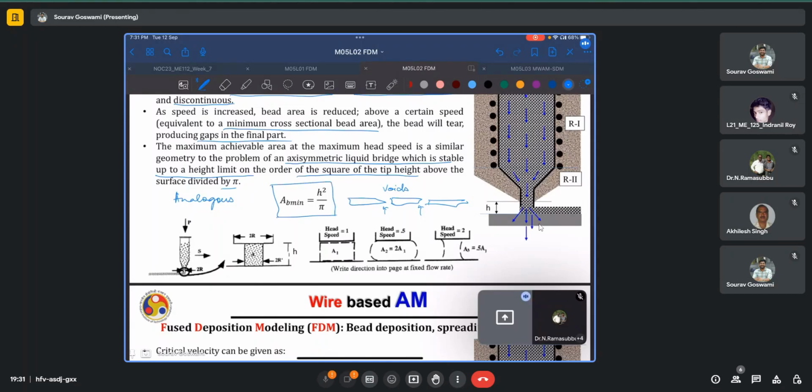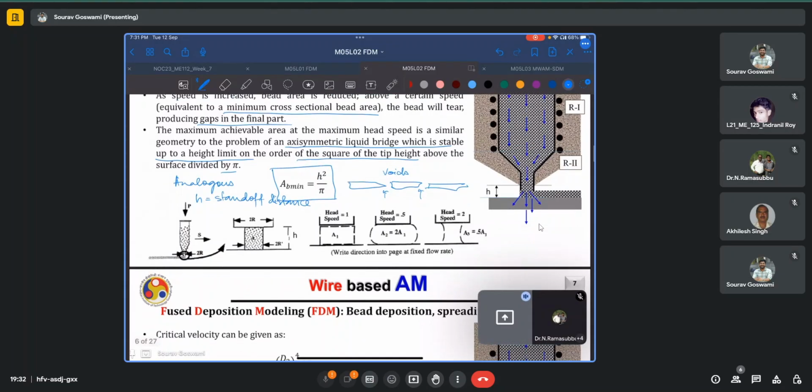We have taken analogy from that axisymmetric liquid bridge problem, and we say that the minimum cross section of the molten bead at which it will still remain stable and will produce continuous deposited tracks without any gaps or voids can be estimated as h square by pi, h being the standoff distance, or the distance between the nozzle and the substrate, or the nozzle and the pre-built layer, as the case may be.